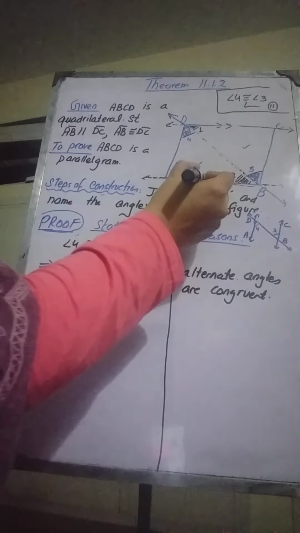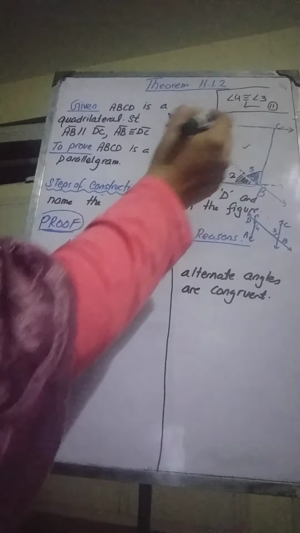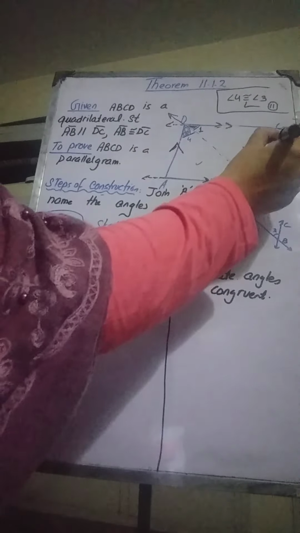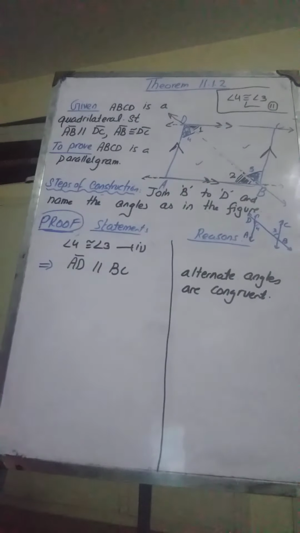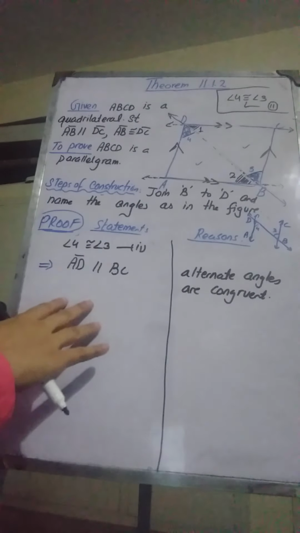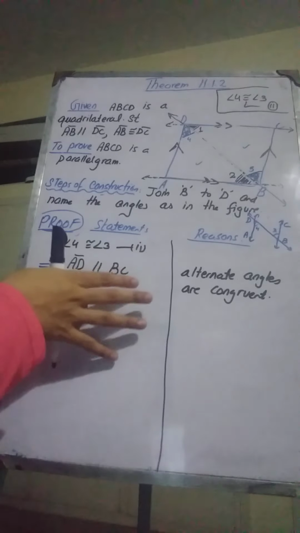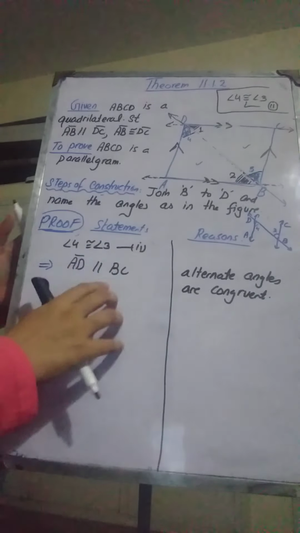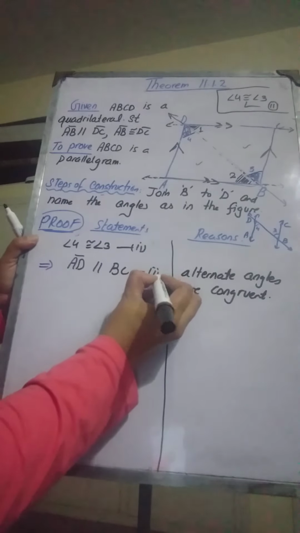It means we were given that AB is parallel to DC. Now we have also proved that AD is parallel to BC. As it is a quadrilateral having its opposite sides parallel, it now fulfills the whole definition of a parallelogram. AD is parallel to BC, name it as 3.